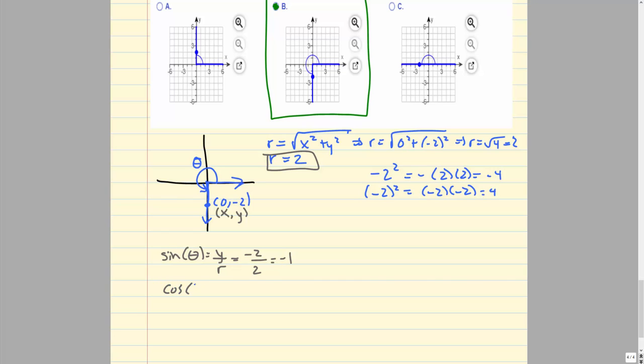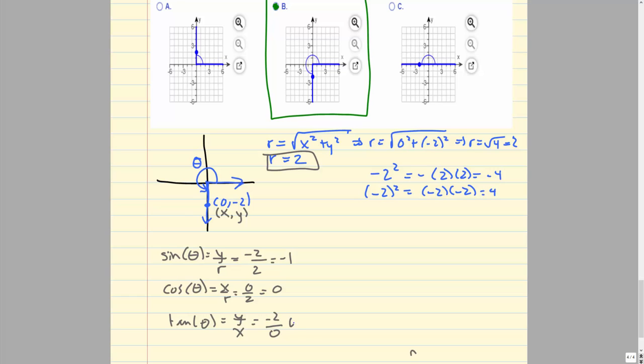Cosine of theta is equal to x over r, which is going to be 0 over 2, which is 0. Tangent theta is going to be y over x, which is y is -2 over x, which is 0. This is strange.